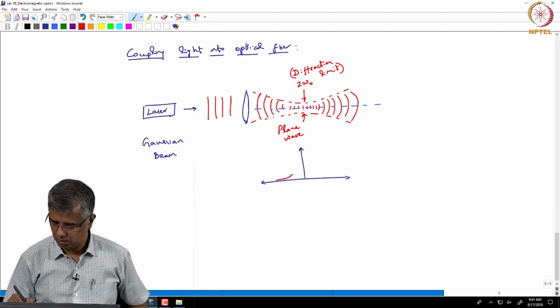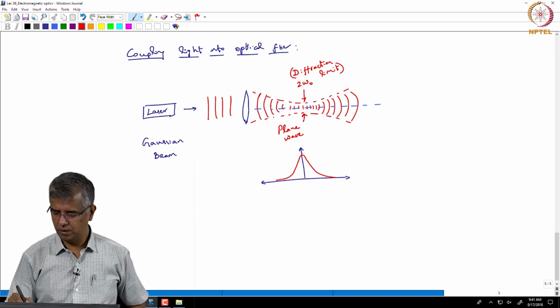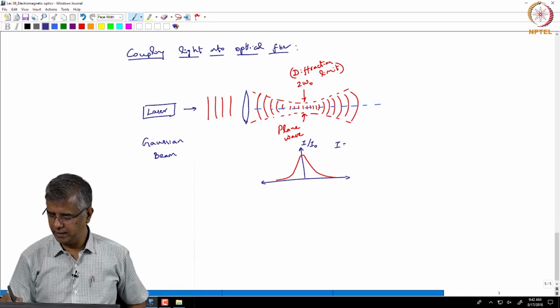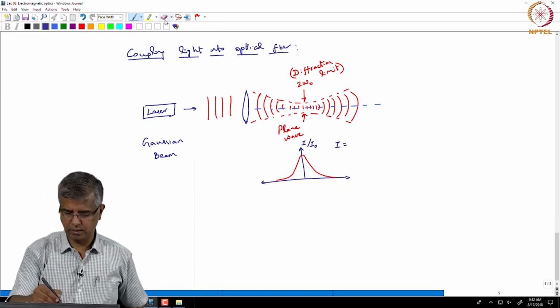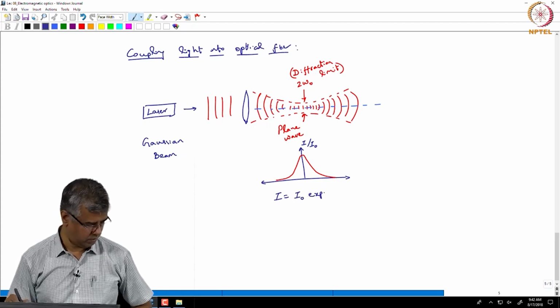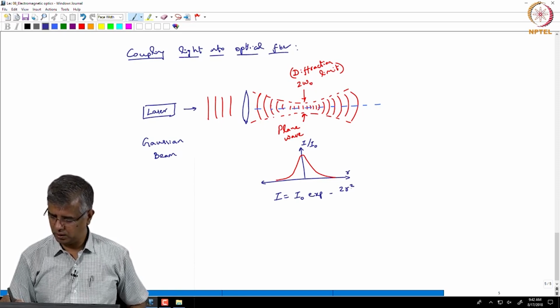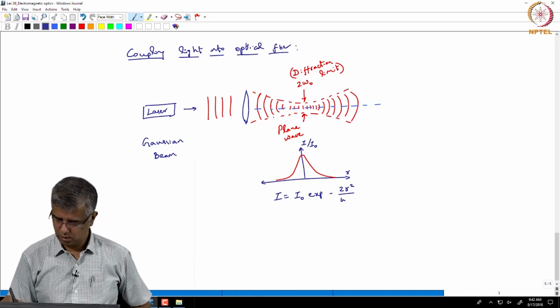So it goes to a maximum and then it comes to a minimum. So let's say this is I over I naught, where I is given by I naught exponential of minus 2r squared over w naught squared, a function of the radial parameter r.